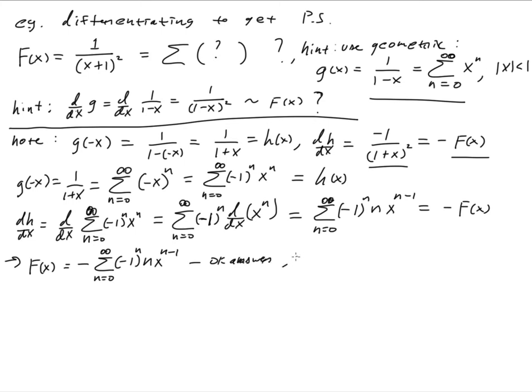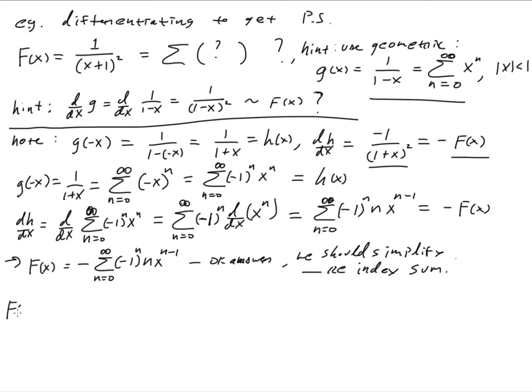But let's simplify. We should simplify. All right, what I really want to do is re-index the sum. What I mean by that is that this is really kind of clunky, right?